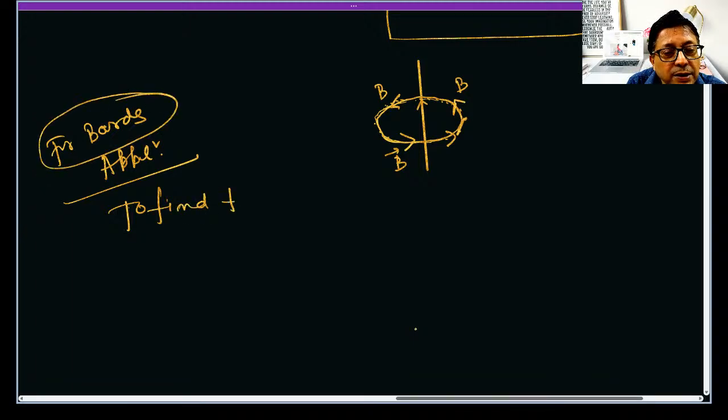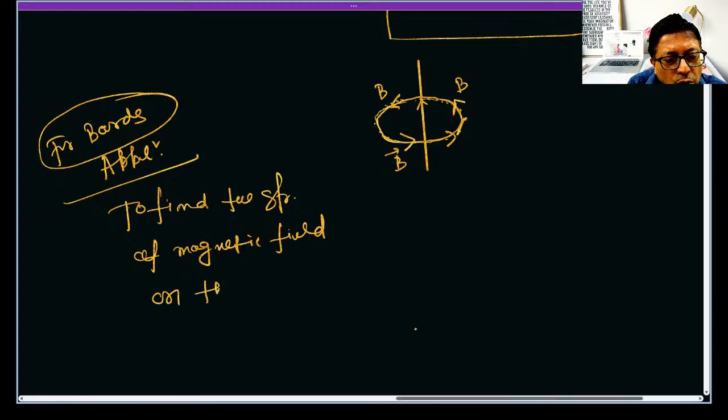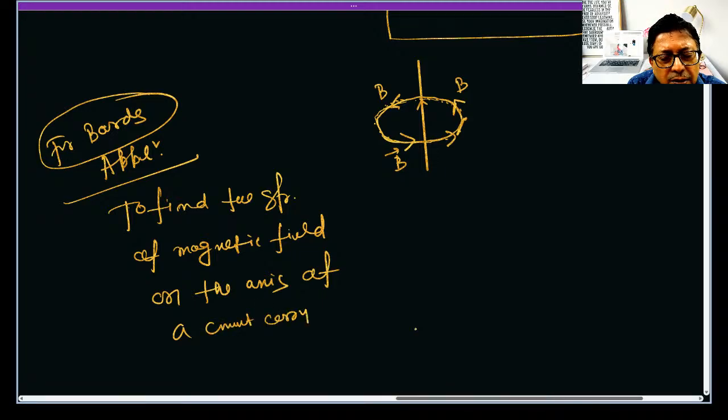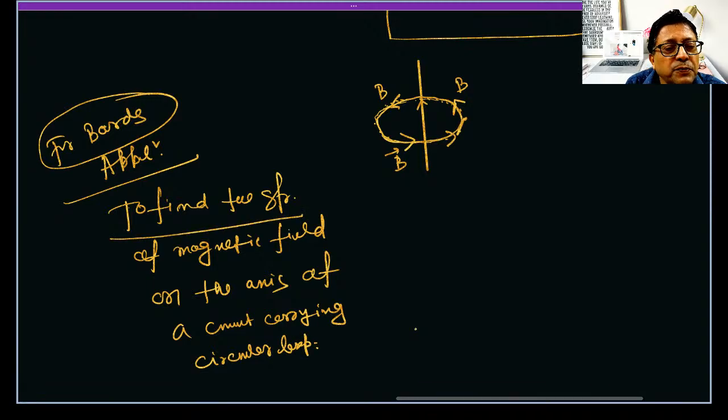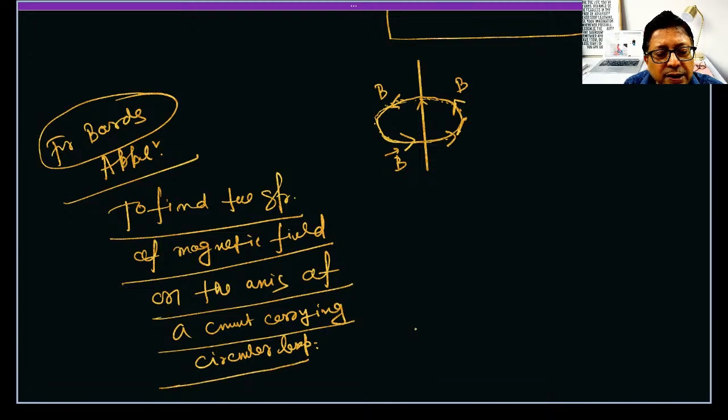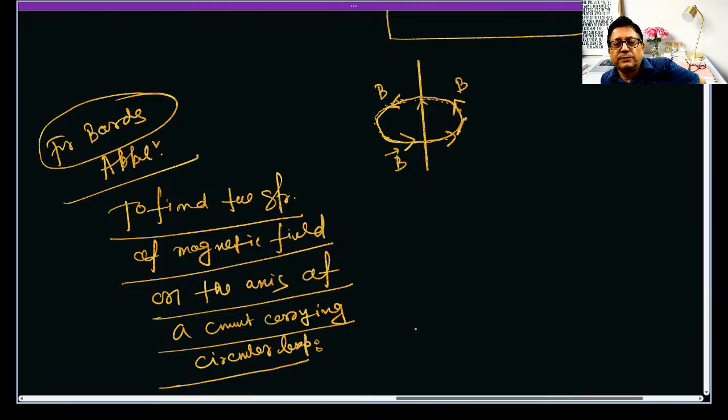Application: to find the strength of magnetic field on the axis of a current carrying circular loop. On the axis.